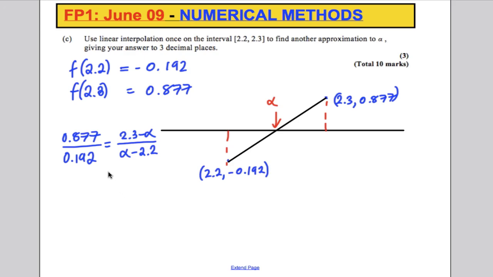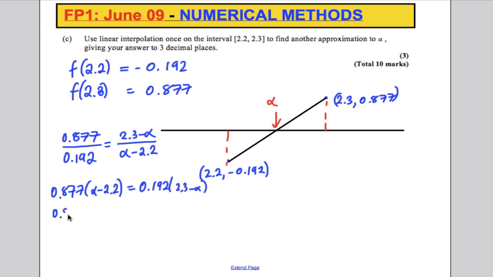Okay, let's do 0.877 divided by 0.192, see if that simplifies in any way. Not particularly. So what we're going to do is times both sides by this and times both sides by this. So you would get 0.877 times (alpha minus 2.2) is equal to 0.192 times (2.3 subtract alpha).